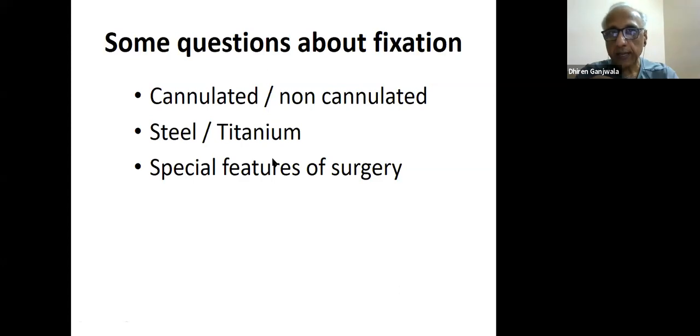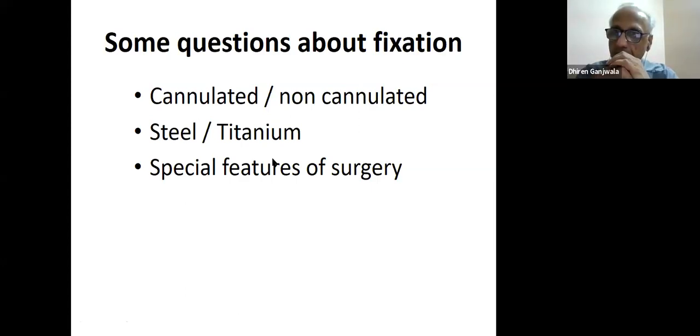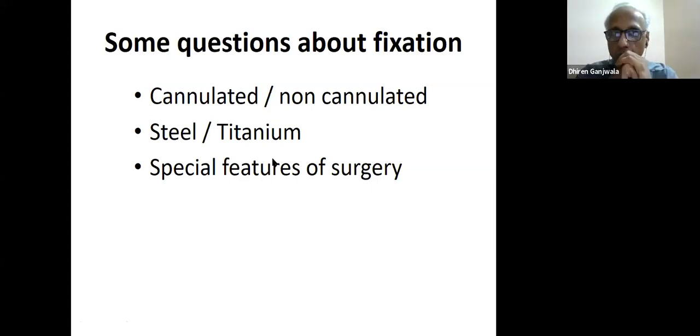But the question is, what are the other advantages of the cannulated screw? To prevent damage to the articular cartilage, sir. How can it prevent that? We can use dye. Exactly. If you use a cannulated screw, through the hole of the screw you can inject dye. If you have penetrated the articular cartilage, the dye will go inside the hip joint.